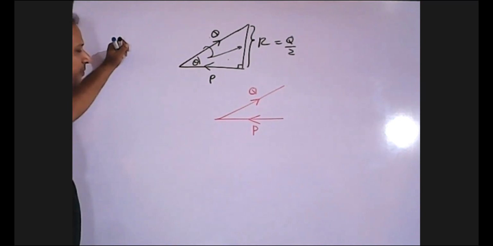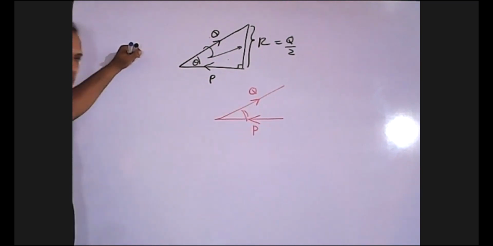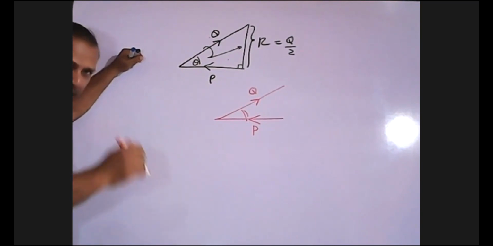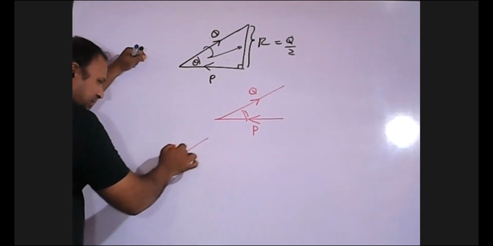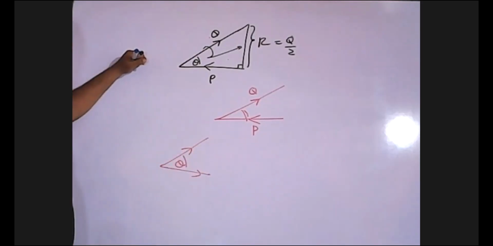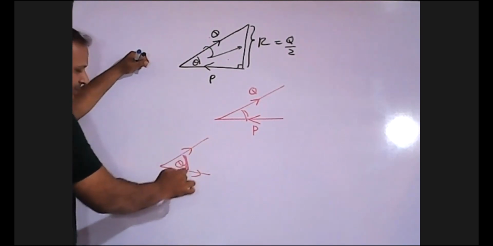So if you draw like this, is this the angle? No. According to our definition of angle in between two vectors, it should be like this. So this is the angle between two vectors.